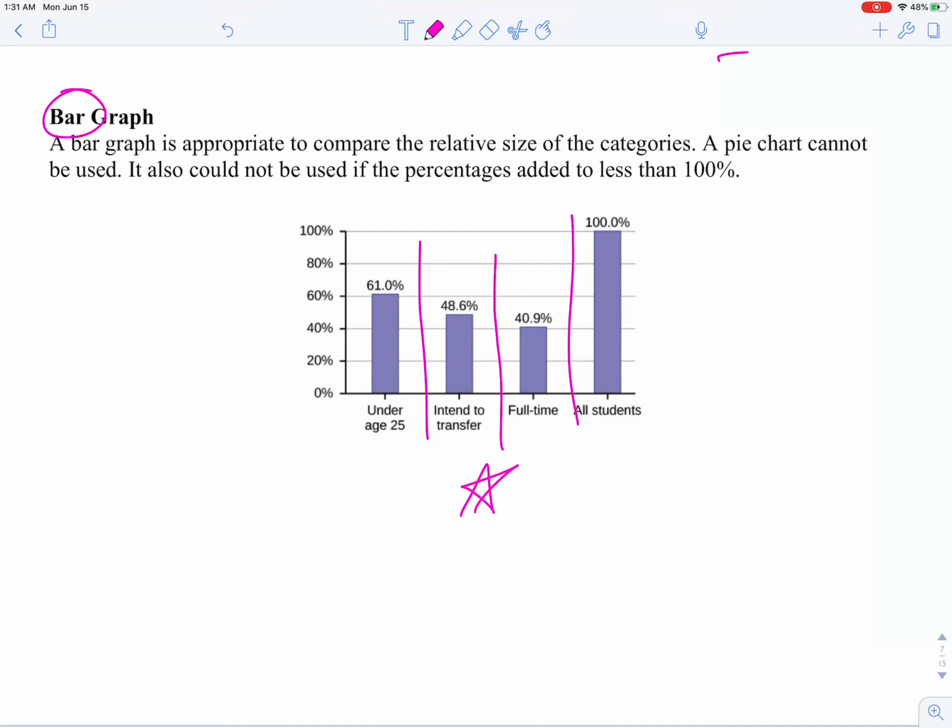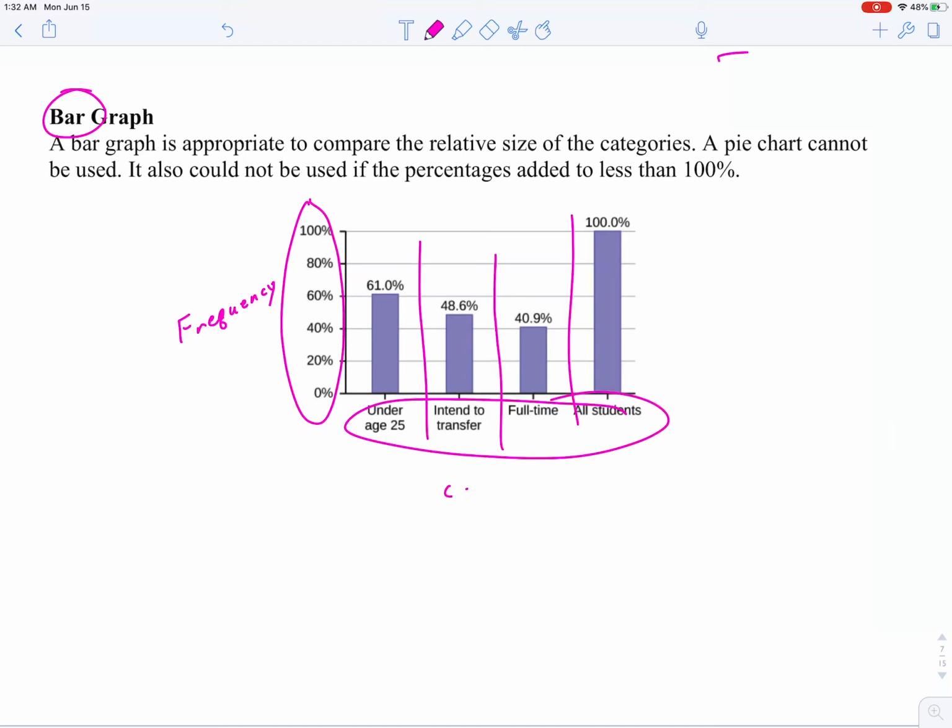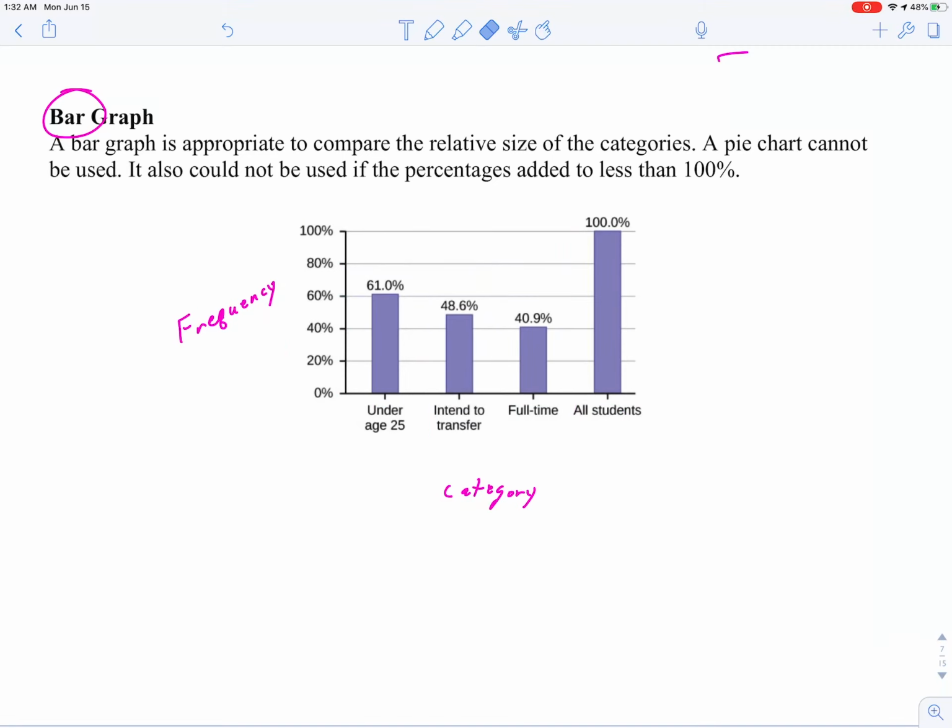So whenever you label a bar chart, when you draw one and label one, make sure you label everything you can, right? In this case, we'll talk about these terms later, but this is called frequency. Okay? And at the bottom there, across the bottom, this stuff is category, right? Category of the student or something like that. So you've got to label your axes, right?